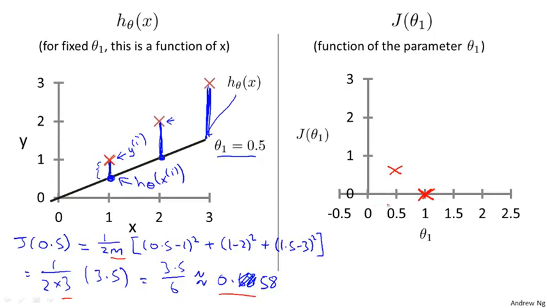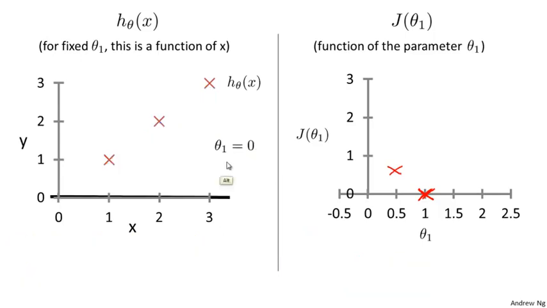Now, let's do one more. How about if theta 1 is equal to 0? What is j of 0 equal to? It turns out that if theta 1 is equal to 0, then h of x is just equal to this flat line, right? That just goes horizontally like this.